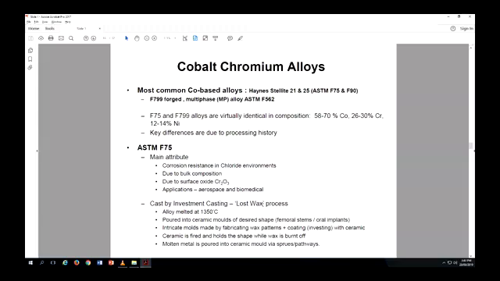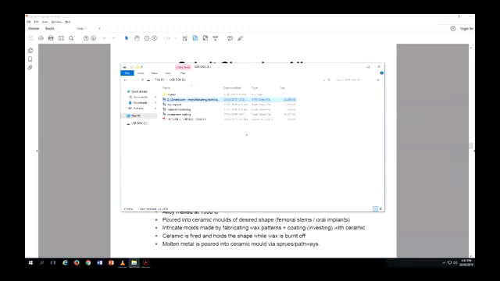So you use that wax as a mold in between to build your ceramic mold, and then use the ceramic mold to cast this particular alloy. I've got a video which is a little long, so I'll probably fast forward, but it gives you a good idea about investment casting.